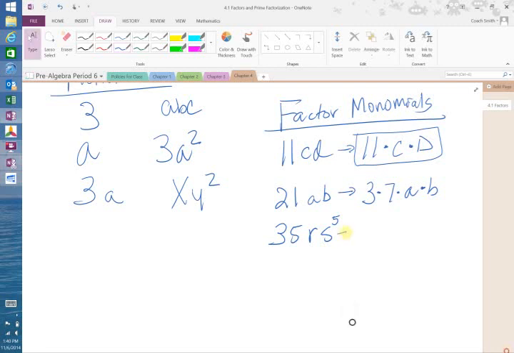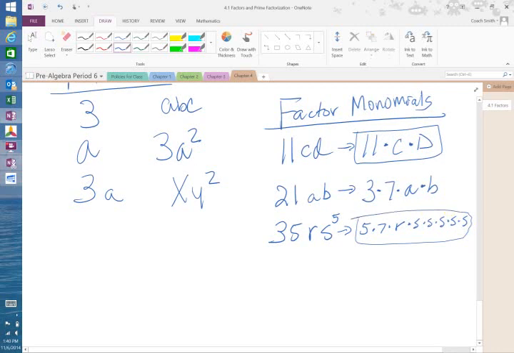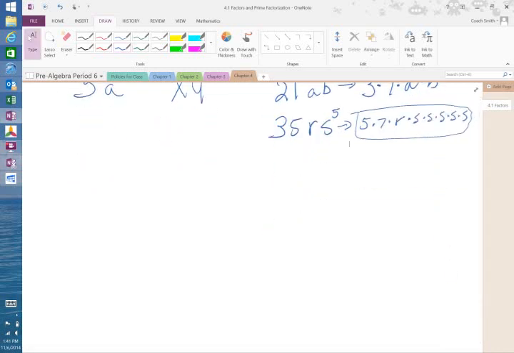Like this one here would be this: 5 times 7 times R times S times S times S times S times S. That is your answer. All right, so that's how you factor monomials.